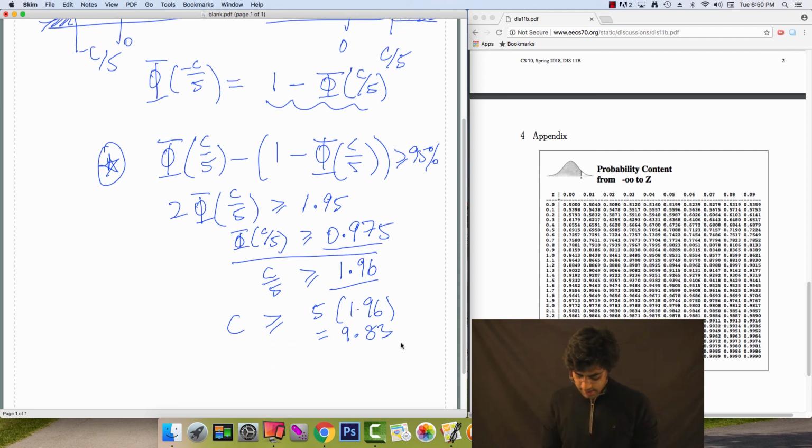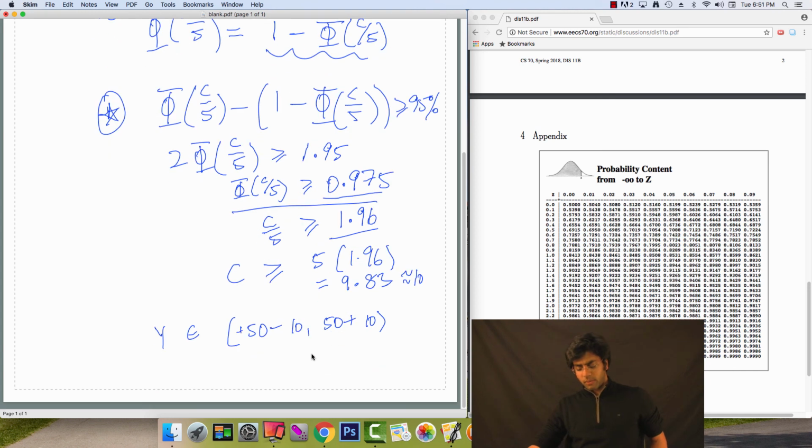And this is, I can say, approximately 10, which essentially says, now finally going back to the original setup, that if y is between 50 minus roughly 10 and 50 plus roughly 10, I can conclude that with 95% probability, it was a fair coin. Intuitively, if y belonged to 40 to 60, the coin was fair with 95% probability. And if it was outside this, with only 5% chance of error, the coin was not fair.